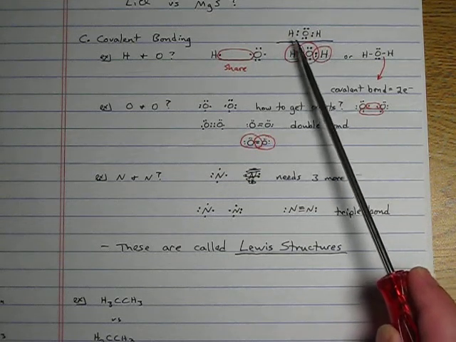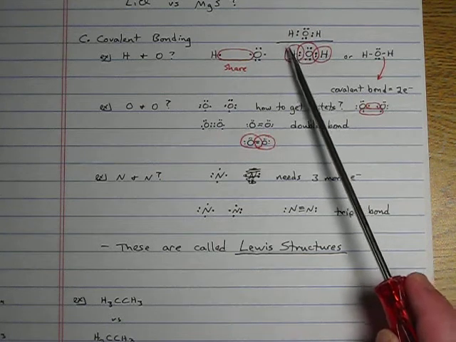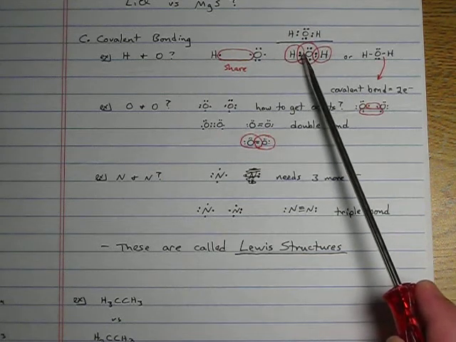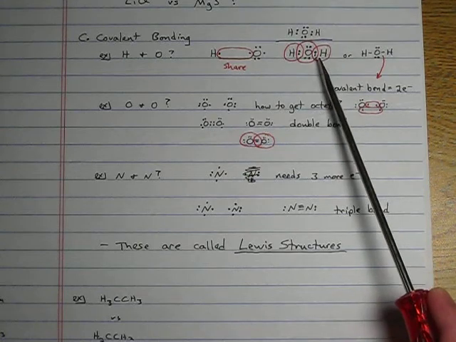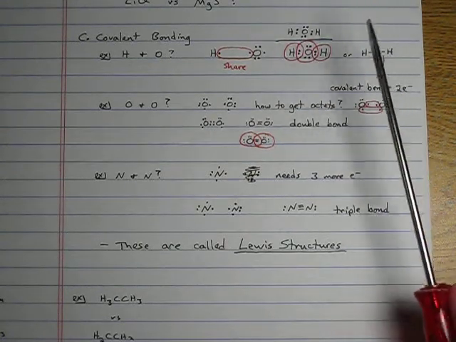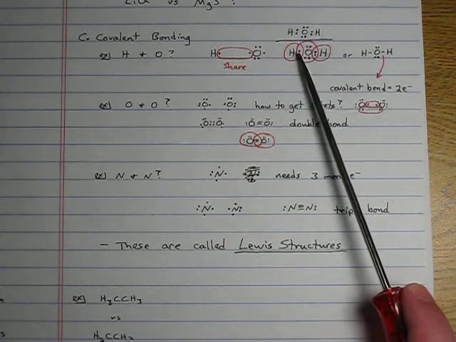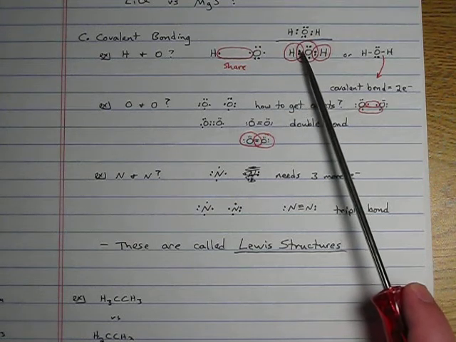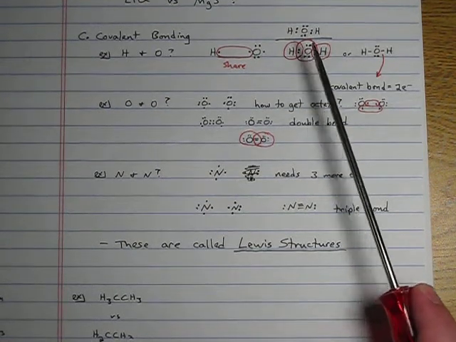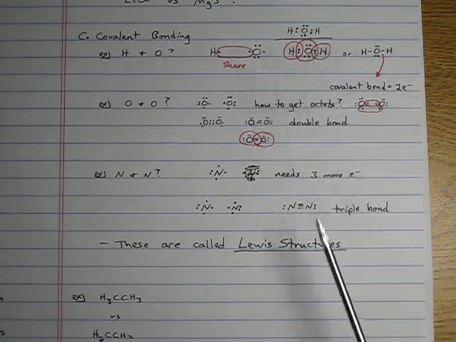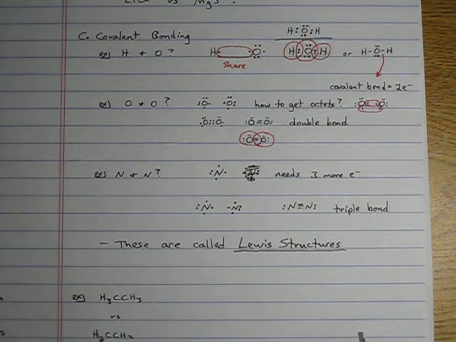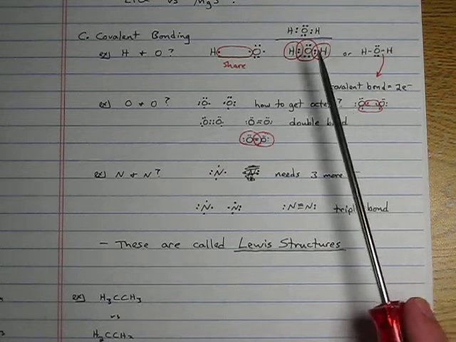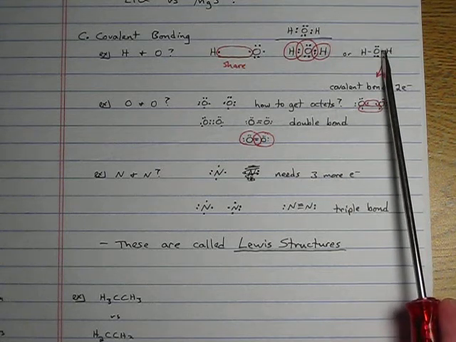The hydrogen has its 1 pair that it's sharing, those 2 electrons with the oxygen, and this hydrogen also is sharing. So note, we count these 2 electrons, so hydrogen is happy because we count them for hydrogen, but we also count them for oxygen. That's the nice thing about sharing electrons, you get to double count the bonding pairs. And normally, to make things easier, we're going to say, okay, here's our oxygen.